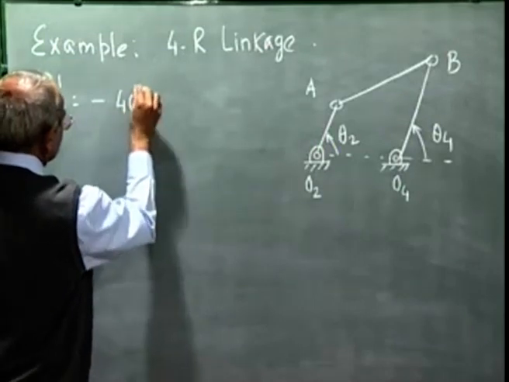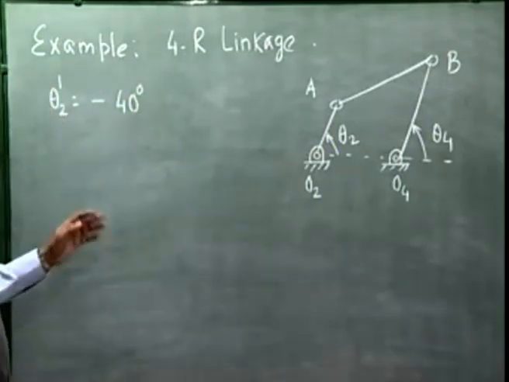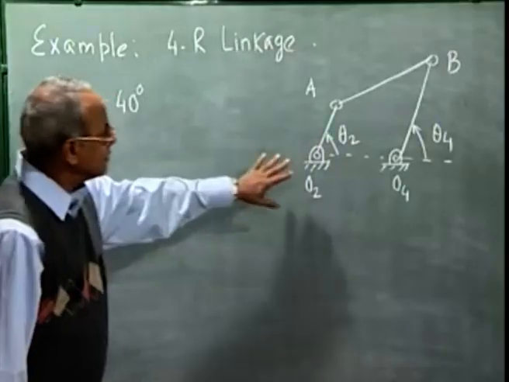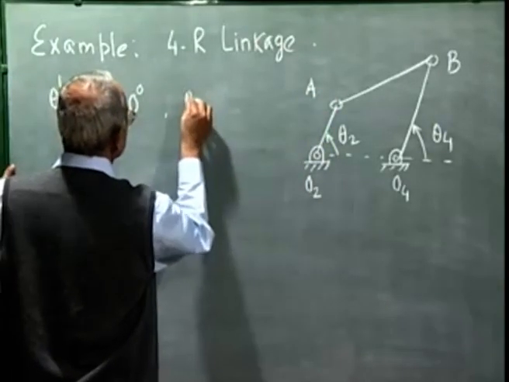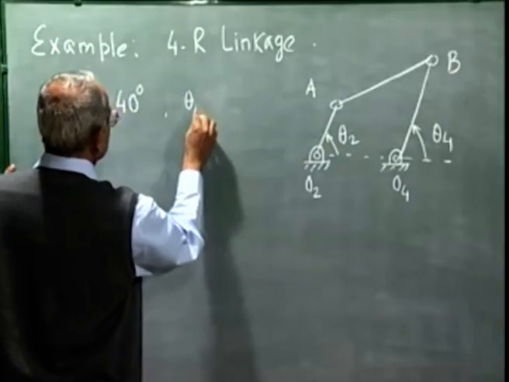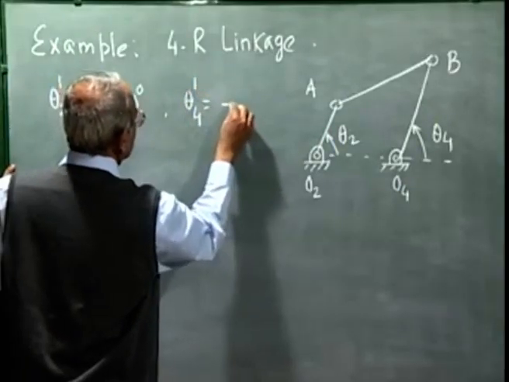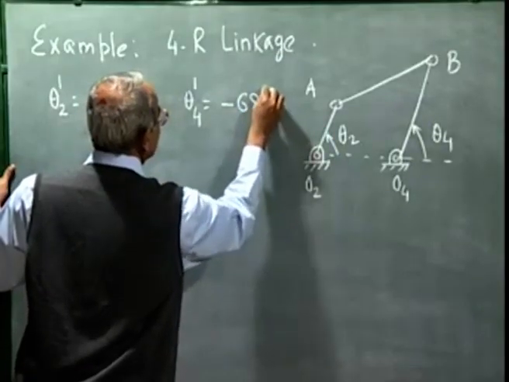Let me now talk of the synthesis of this 4-bar linkage with the following specification. We assume theta 2 1 is minus 40 degree and theta 4 1 is minus 68 degree.